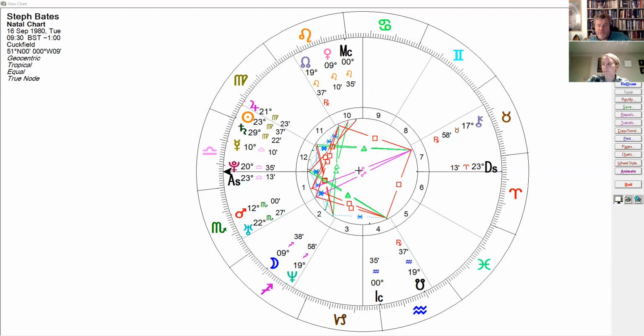Often, not so much the case these days, famous people or authoritative people who'd climbed the pyramid of life to get to the top would often have quite a lot of planets in the top half of their charts, because it's almost like they're trying to reach up for something.